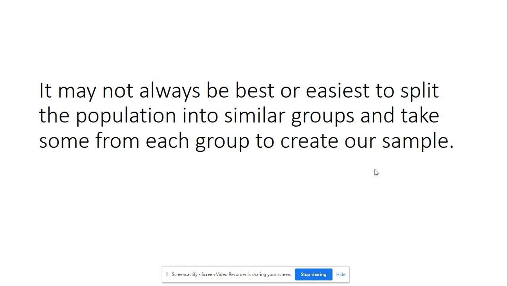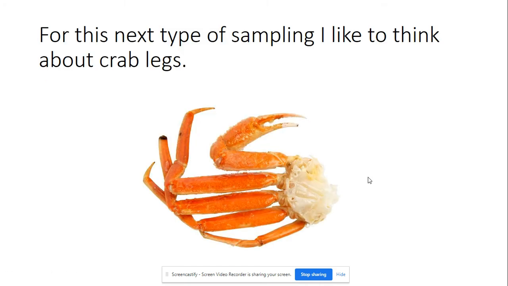Maybe number of siblings has something to do with it. We could put everybody into groups by how many siblings they have and then go through each number of siblings and interview some from each. But do you see how that's starting to get me more work than we wanted in the first place? So now maybe that's not always going to be super helpful.